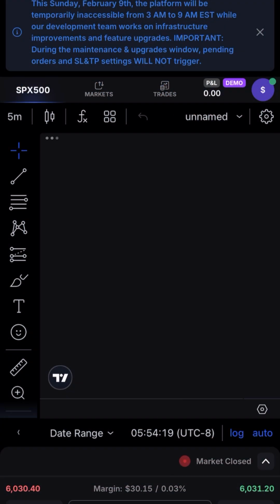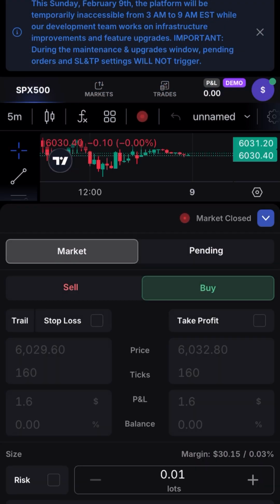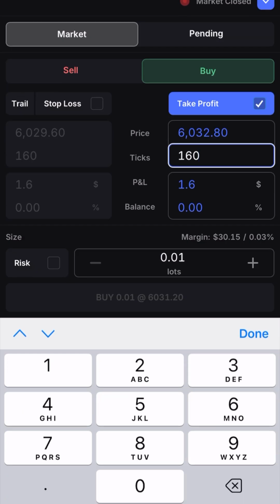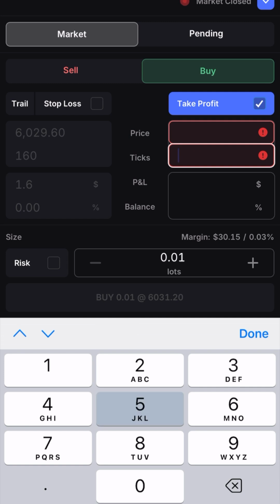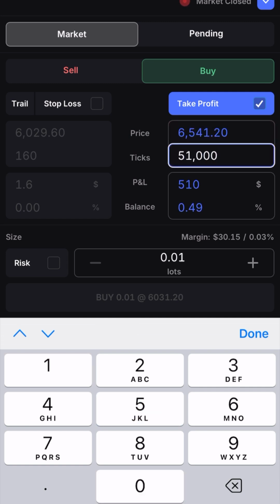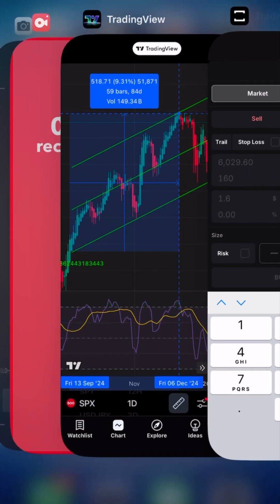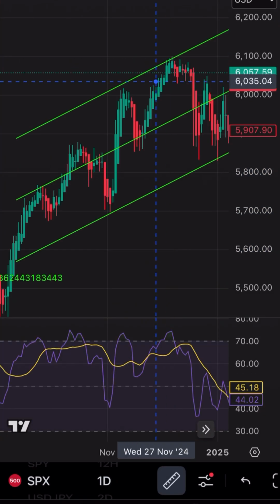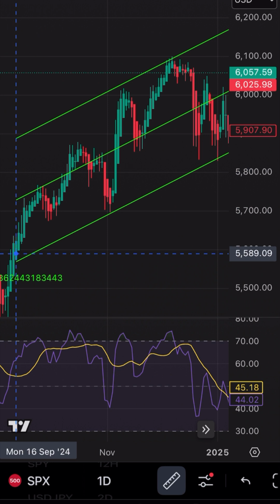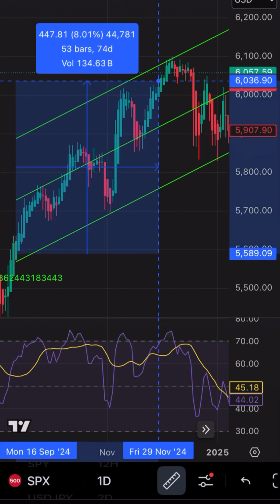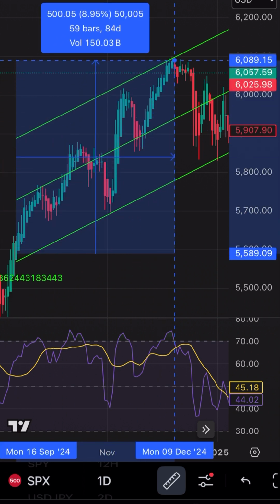So if you're doing the S&P at 0.01, and you do this at 51,000 ticks, that's basically $500. So basically this move right here, you're taking a penny, and up here to the top, you're making $500 from it. That's with doing it at 0.01.